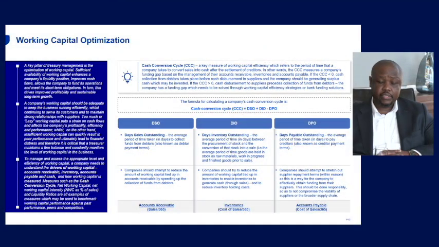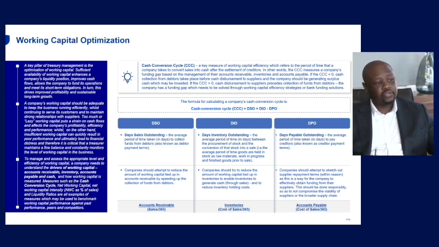Thanks, Justin. I really appreciate it. I think there's a number of options in terms of optimizing working capital. It ranges from initiatives and strategies that are driven internally by the client themselves to alternative solutions that FIs and banks can offer to assist clients in optimizing their working capital.